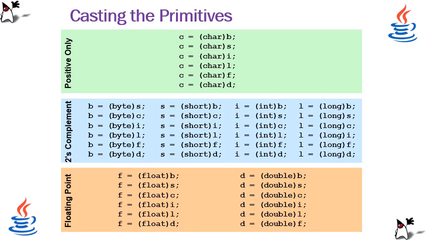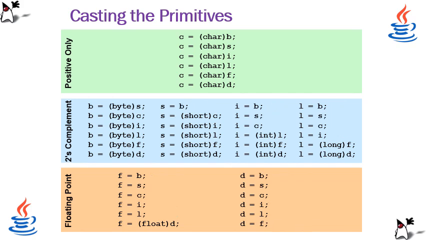Now this slide gives the casting of primitives. If I am casting a byte to character, then I have to cast. Short to character, casting. int to character, I have to cast. So if you go through the slide leisurely, you will know which are all to be cast.